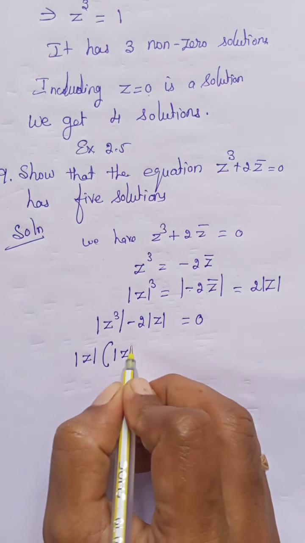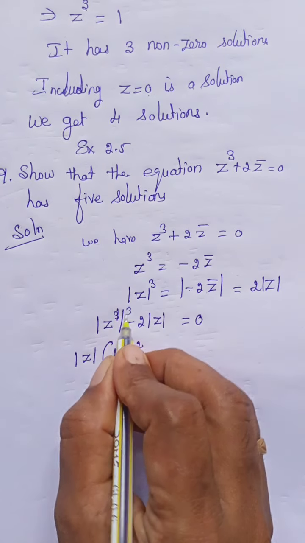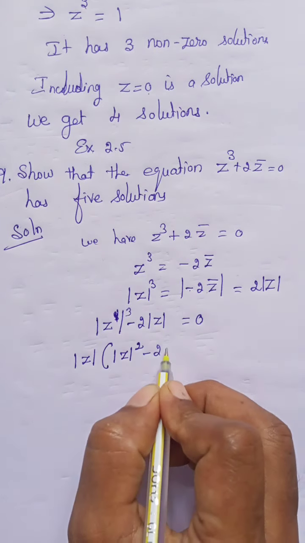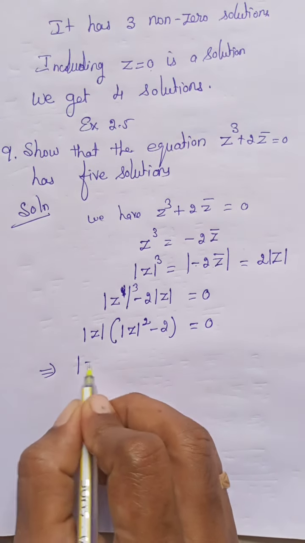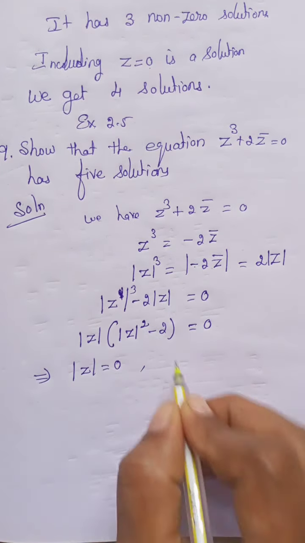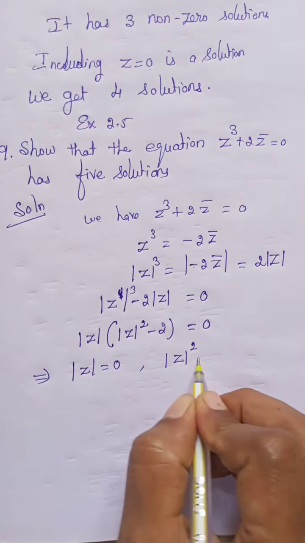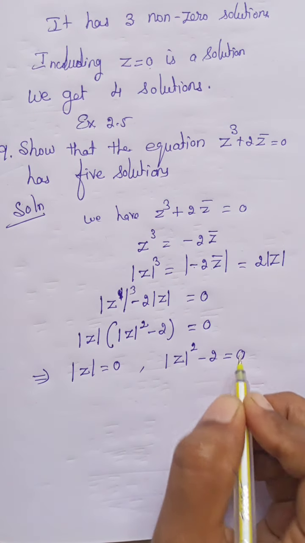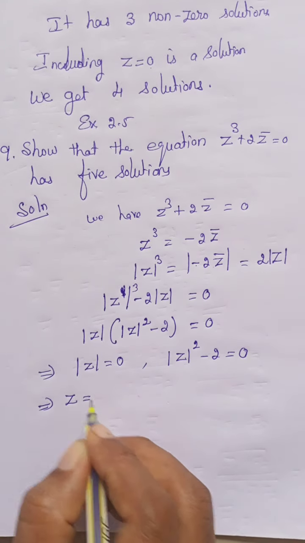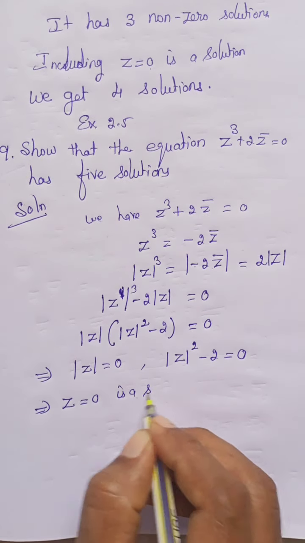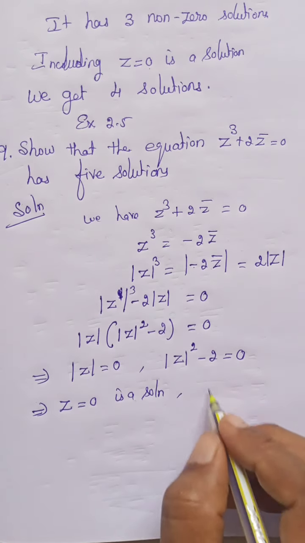Here modulus z the whole square minus 2 is equal to 0. So we get modulus z equal to 0 or modulus z the whole square minus 2 equal to 0. So modulus z equal to 0 means surely z equal to 0 is a solution. We have got one solution here.